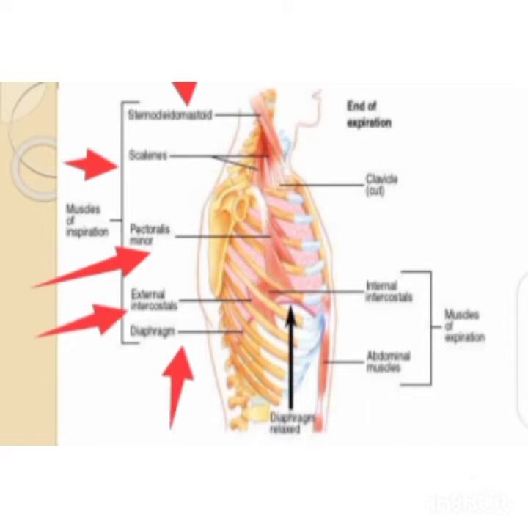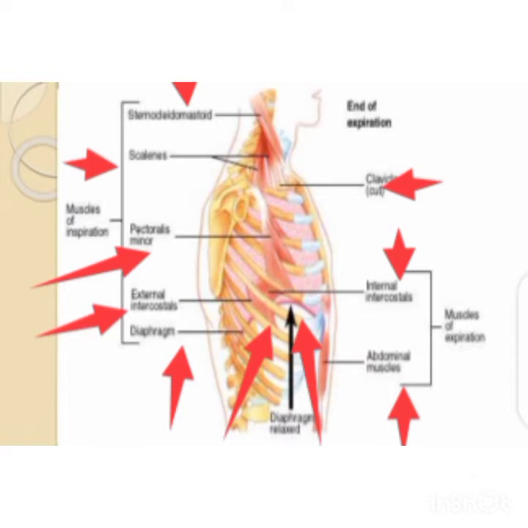This is the curve of the diaphragm. This is where the diaphragm relaxes here. And see where we have the clavicular cord here, and we have the internal intercostal muscles here and the abdominal muscles here, muscles of expiration.